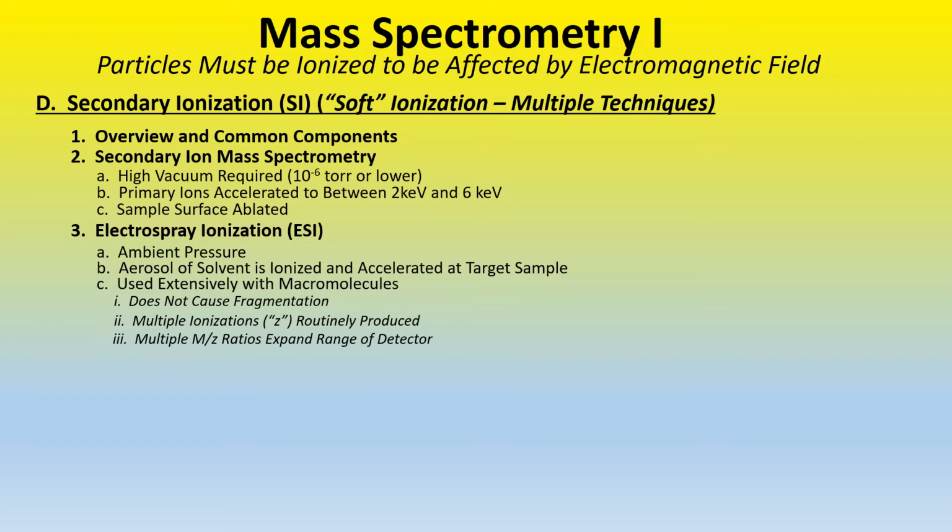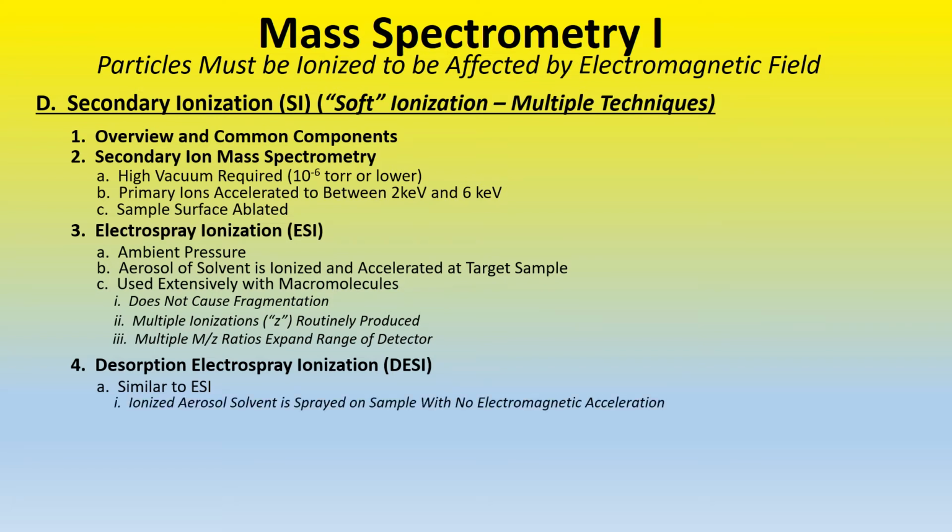Another variation is desorption electrospray ionization, or DESI. Overall, this is very similar to regular electrospray ionization. The ionized aerosol solvent is sprayed on the sample. There's no electromagnetic acceleration. The ionized droplets bounce towards the detector.